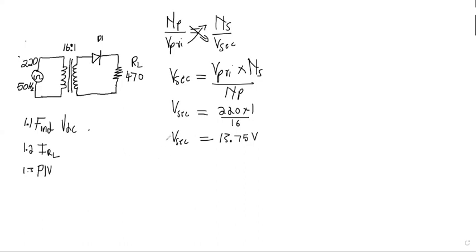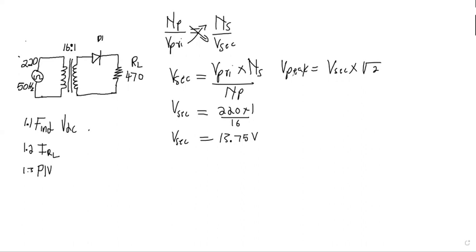Now let's get the V peak. The formula for V peak is V secondary multiplied by the square root of 2. V secondary is a V max, but here we use the terminology V peak, not V max.